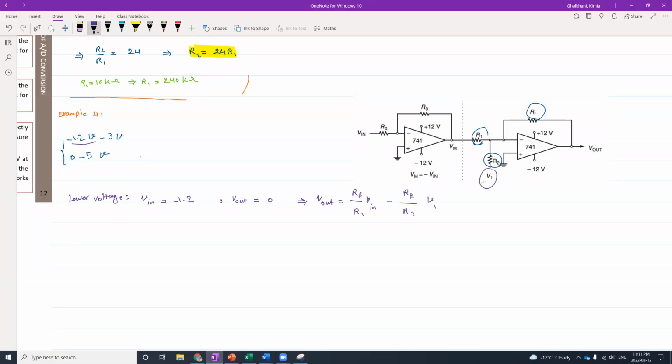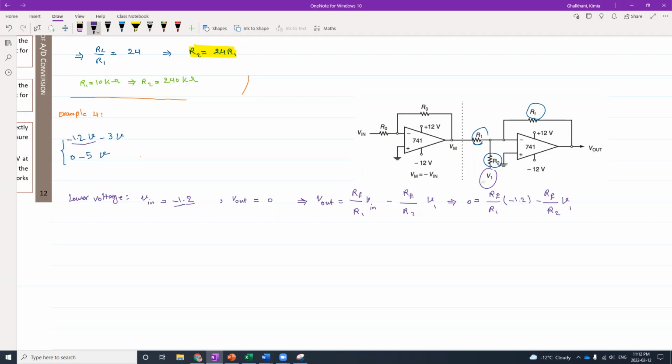So what do I have in here? I have V out already, equal to 0. So I'm just going to rearrange it. This is going to be 0, and I'm going to have this term, which is RF over R1. And then V in is already given as minus 1.2, so I'm going to substitute that number, minus, I'm going to repeat this term because I don't have them yet, RF over R2, and V1 also is not given, so I'm just going to leave it as V1.